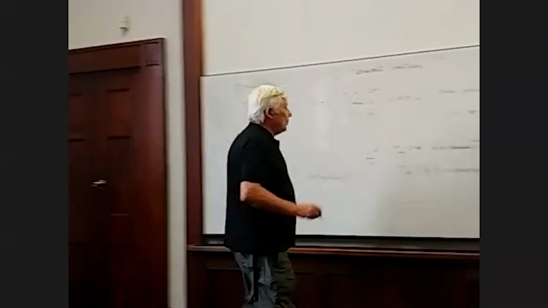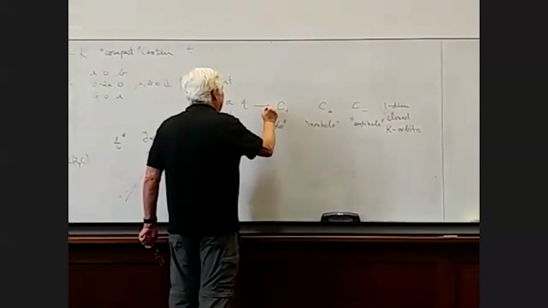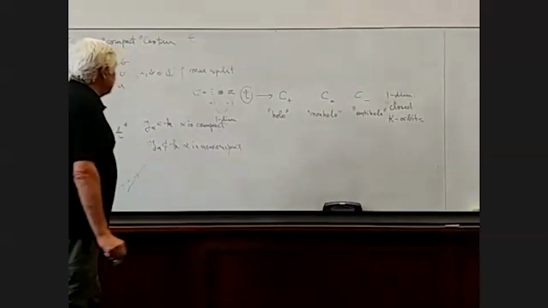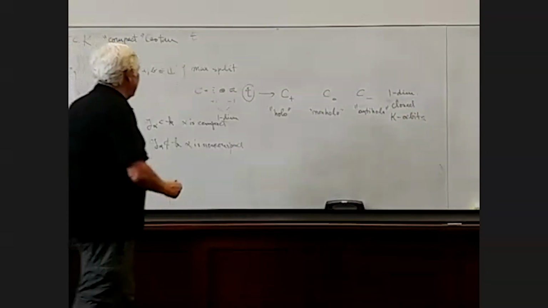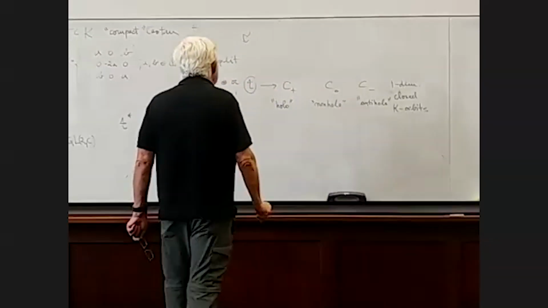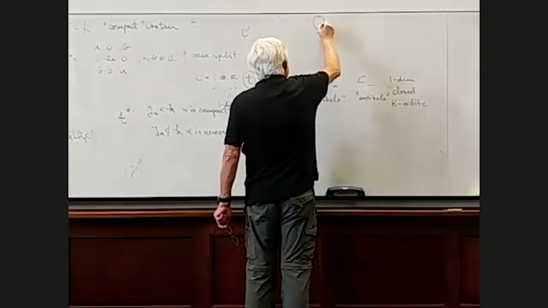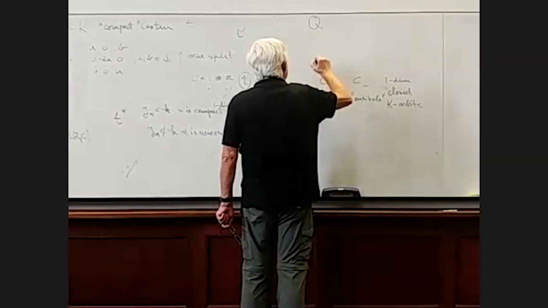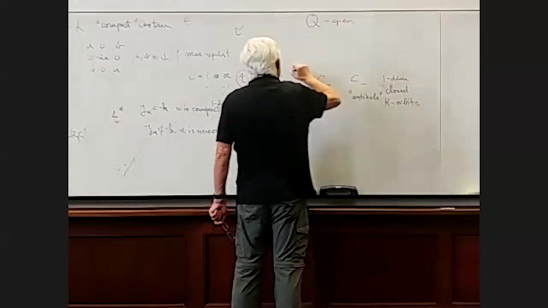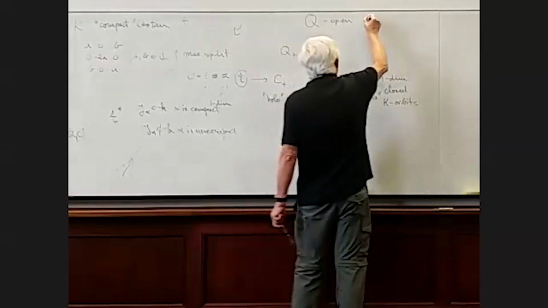And they all correspond to the Cartan subalgebra T. So remember, there is a surjective map of conjugacy classes of Cartans. Then there is this, say, C, which is maximally split. And there are three orbits corresponding to this. Q, which is open, and let's put here Q plus. So this is three-dimensional.